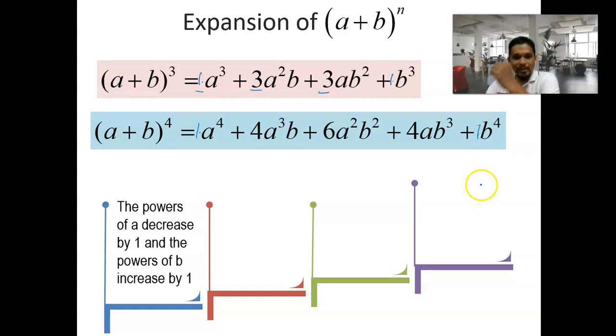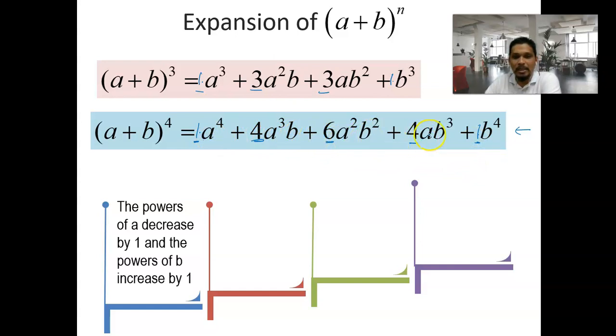The powers of a decrease by 1 and the powers of b increase by 1. What's the meaning of this? Look at this here, this is what we call the coefficient, in Bahasa Melayu, pekali. Then look at the a and b.